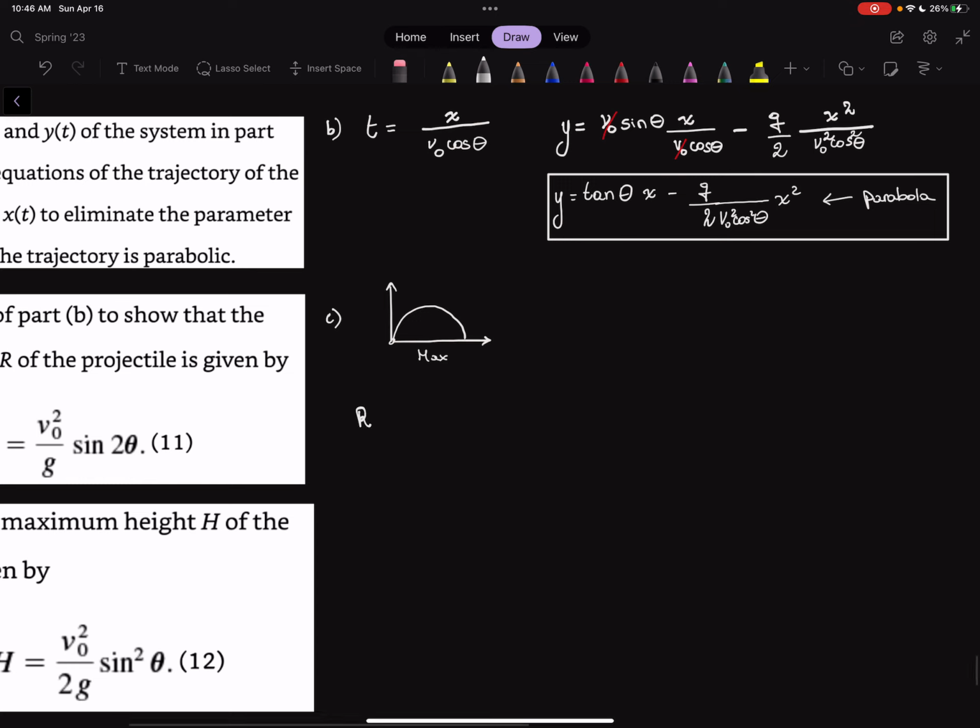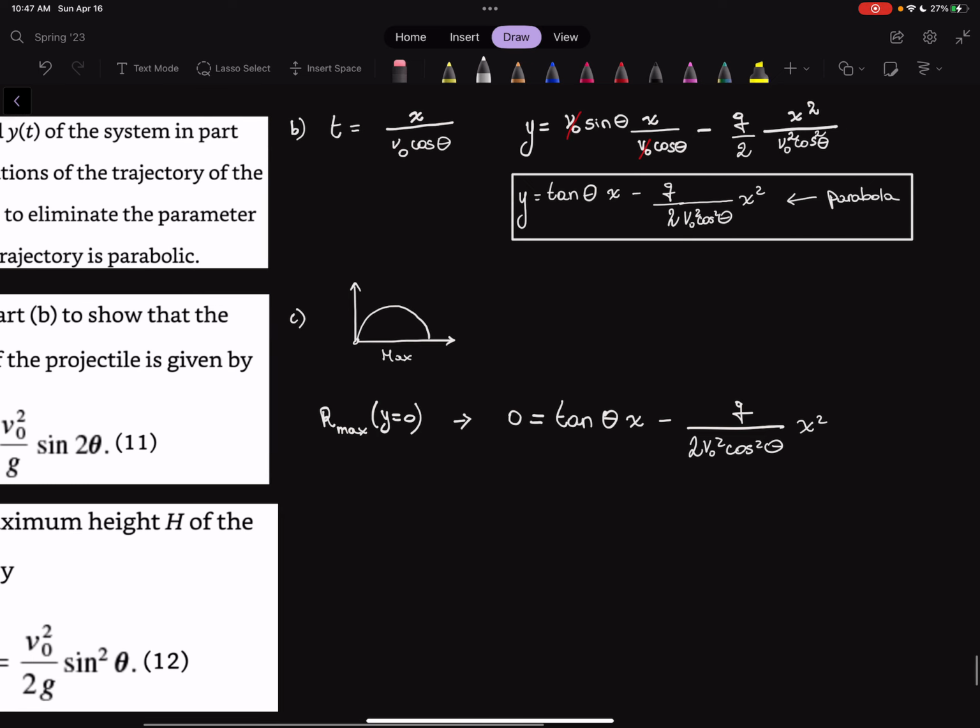So let's see, setting this equal to 0, and then I solve for my x. I'm going to get the tangent of theta times x minus g over 2 times v naught squared times the cosine squared of theta times x squared.